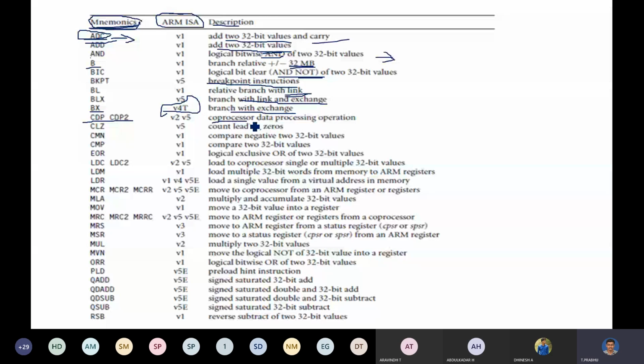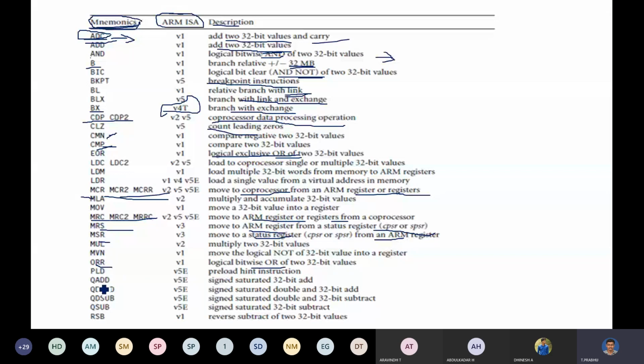Okay, so here the MRC stands for move to ARM register or register from a co-processor, and MRS moves a register from a status register, CPSR or SPSR. The MSR is move to a status register from ARM register. So MUL multiplies 32-bit values, and MVN moves a logical NOT of a 32-bit value into a register, and ORR which is a logical bitwise OR operation.